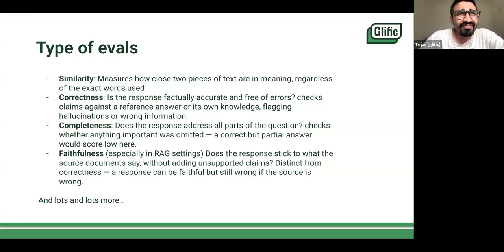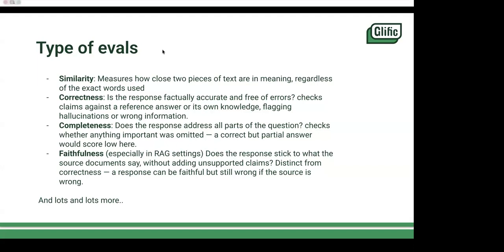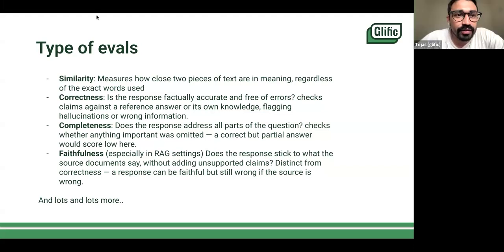So one measure of how accurate the AI is, is similarity. Another one is correctness. Is the response factually accurate and free of errors? It checks whether it contains any hallucination, or whether it is just giving wrong information.